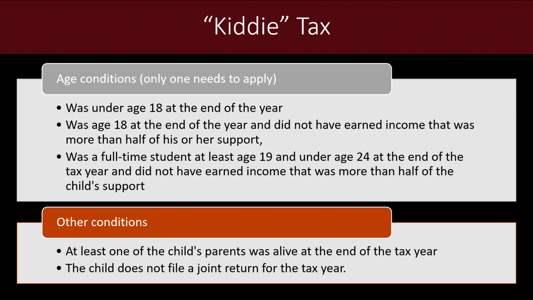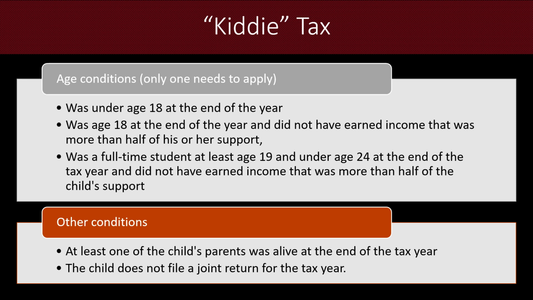And then here are the other conditions that apply, the age and other related conditions. So for age, we're looking at, was this child under the age of 18 at the end of the year? Were they age 18 and didn't have earned income that was more than half of their support?